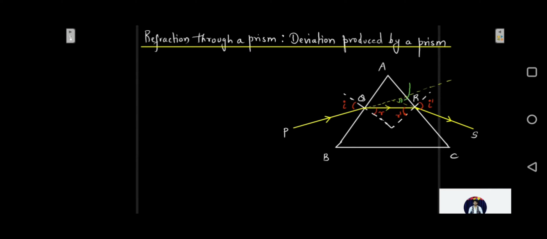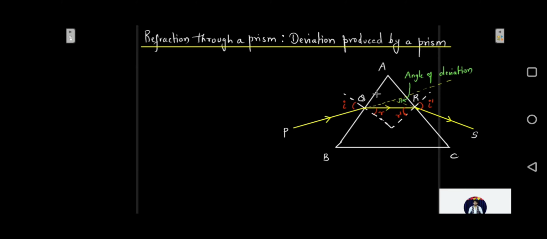Let me write it over here on top, angle of deviation. That means if this interface was not there, this incident ray would have gone straight like this. But since this medium is put over here, it is going to experience refraction twice, and it is going to bend like this.